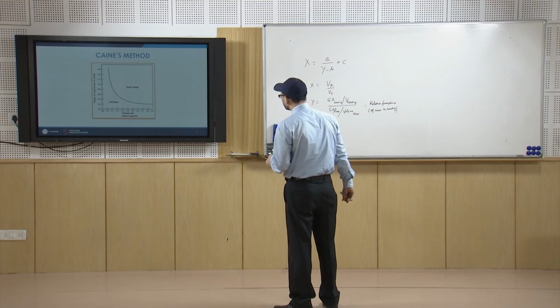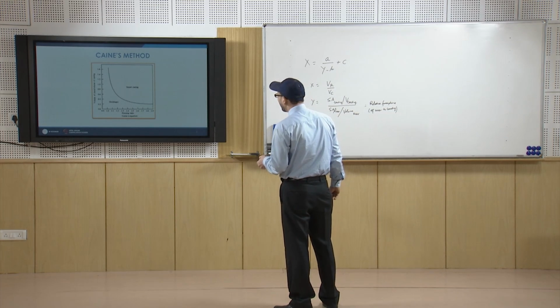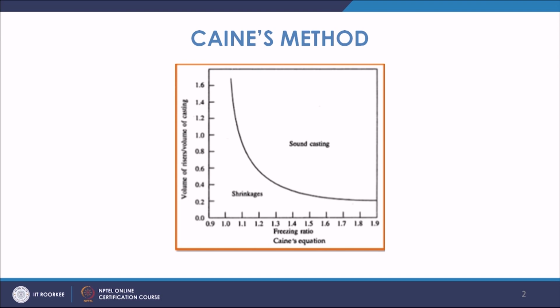Means if the riser has such a shape or size that it has larger freezing time as compared to that of the casting, in that case this value will be larger.